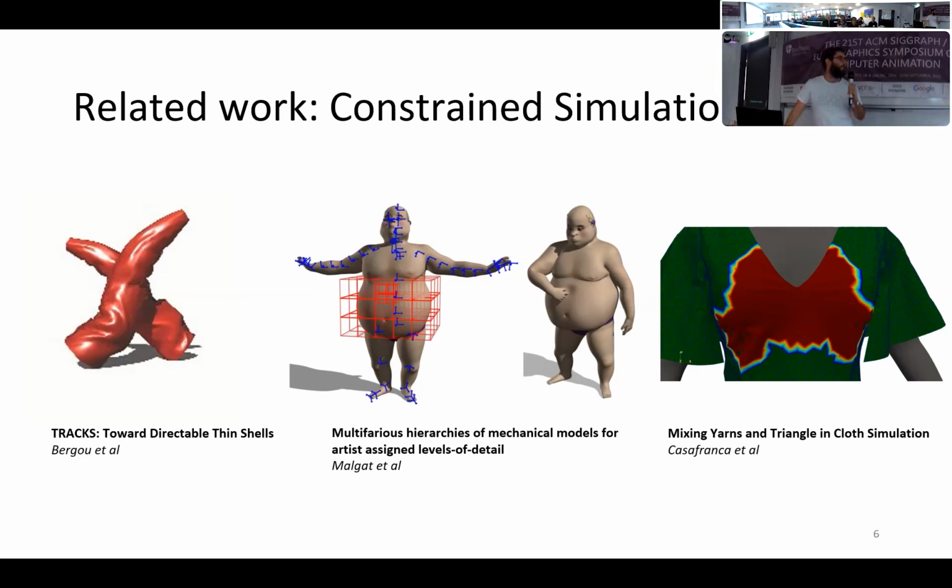The issue with that is that they needed to compute some constraints that were very difficult to update during the simulation. And also, two years ago, we proposed using triangles and yarns in different parts of a cloth simulation, basically trying to achieve the best performance depending on what you try to simulate in which part of the garment.